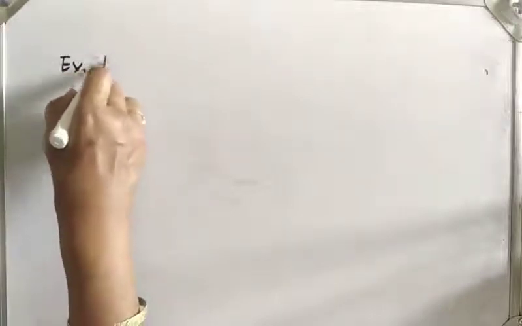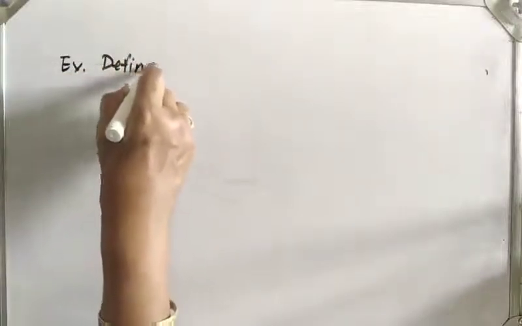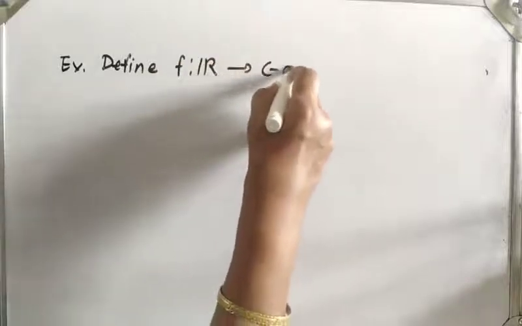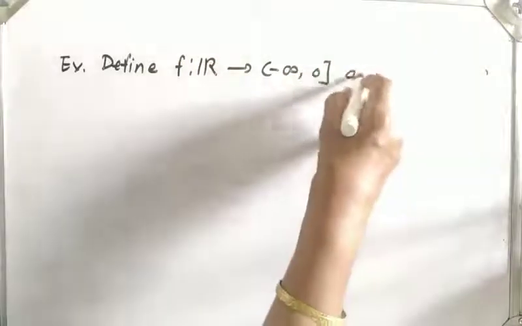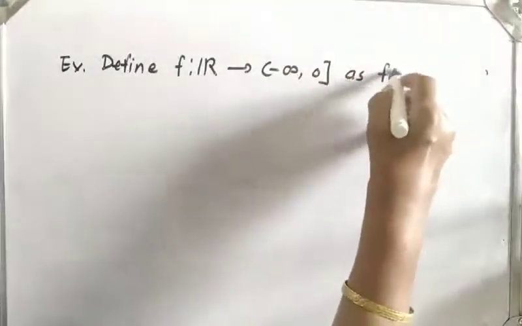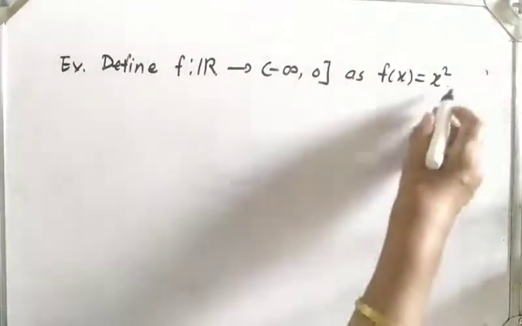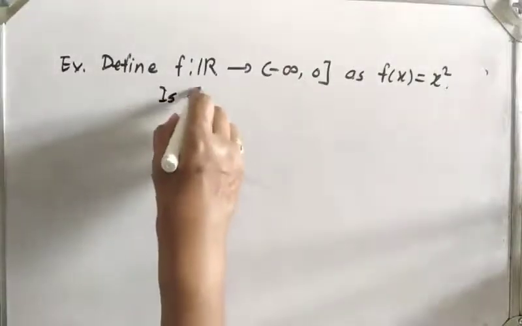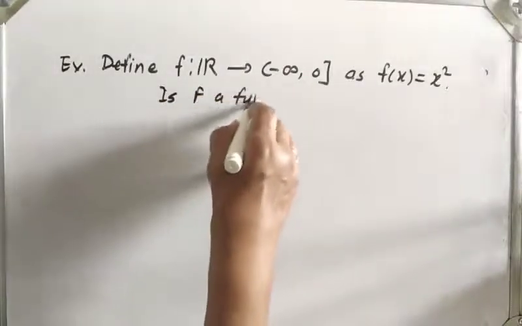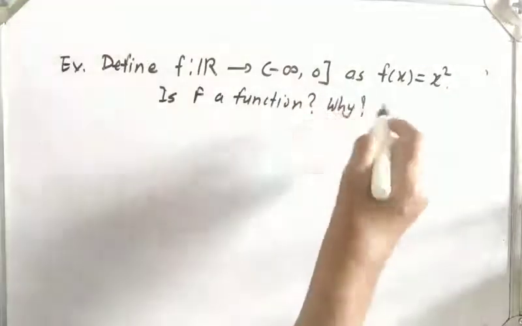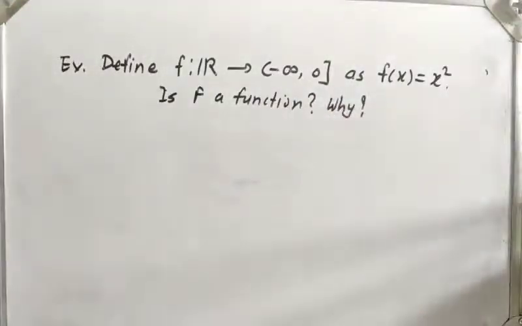Now let us take some examples. Define f from R to minus infinity to 0 as f of x is equal to x square. Is f a function? What is given?